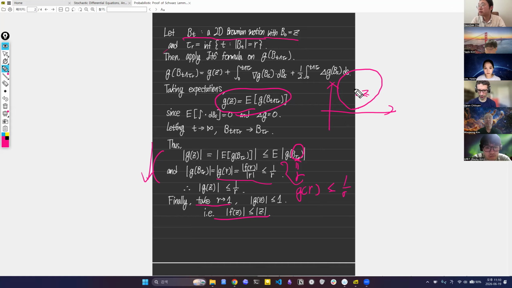So the diffusion process follows the Brownian motion, which is radially symmetric.